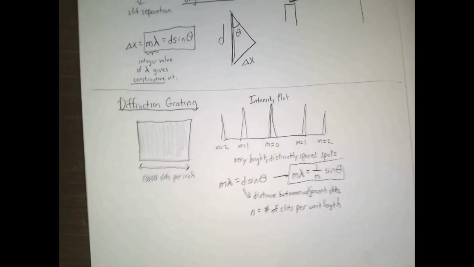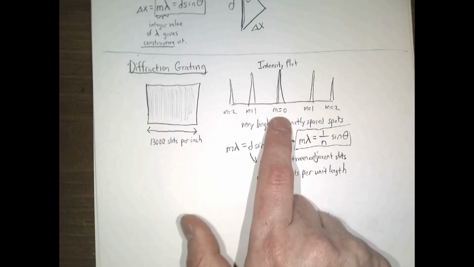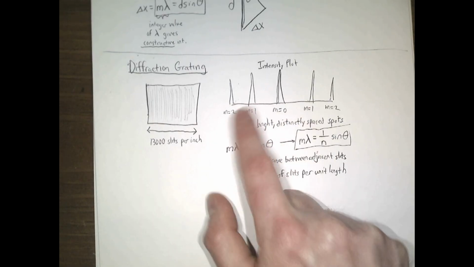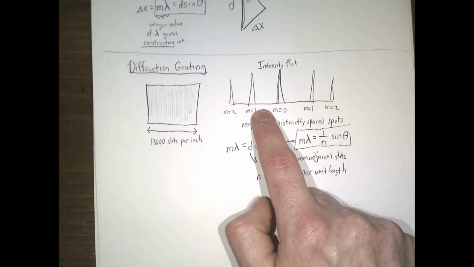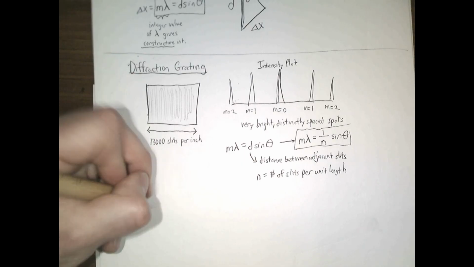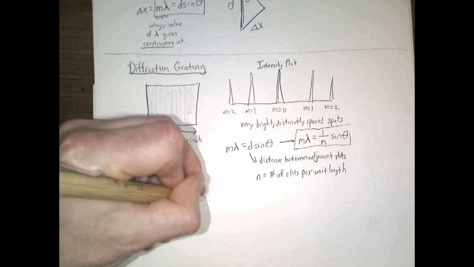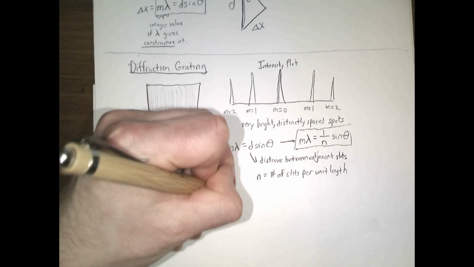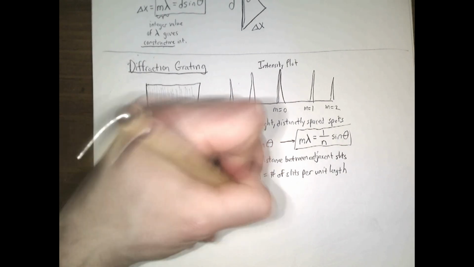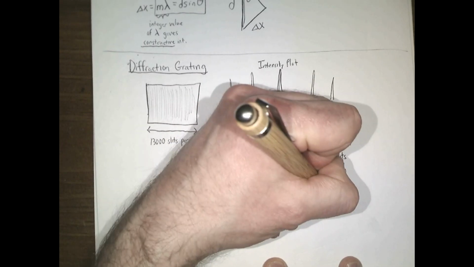Diffraction gratings are really cool for use in things like astronomy because of how strongly these peaks are spaced out. If you have light from more than one wavelength, so maybe you're observing a nebula and you want to know what that nebula is made of, you can look at multicolored light and pass it through a grating, and it's going to clearly separate out the colors.